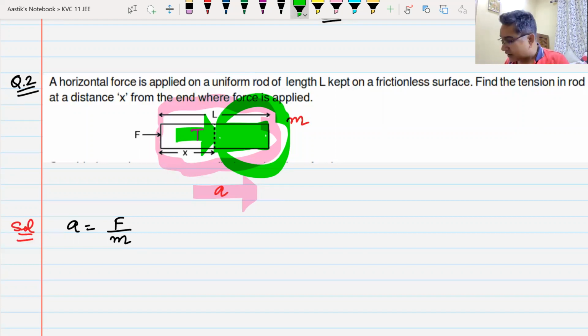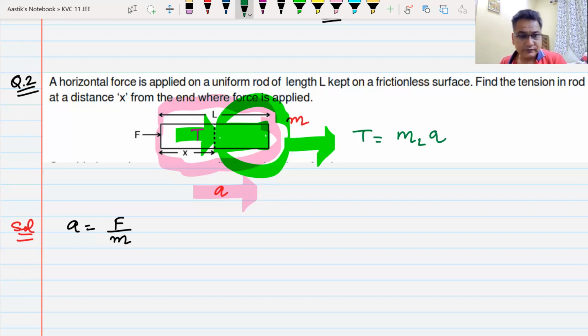So what is the equation for this green part? The forward force is T. That T should be the mass of this portion multiplied by A. Yes or no?